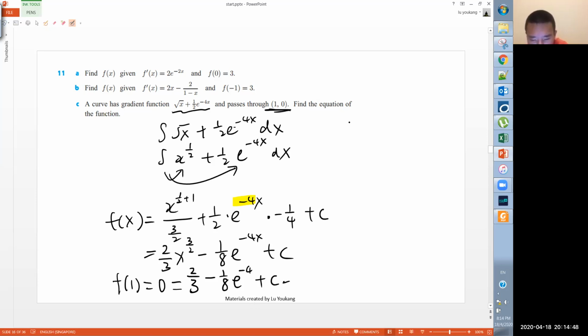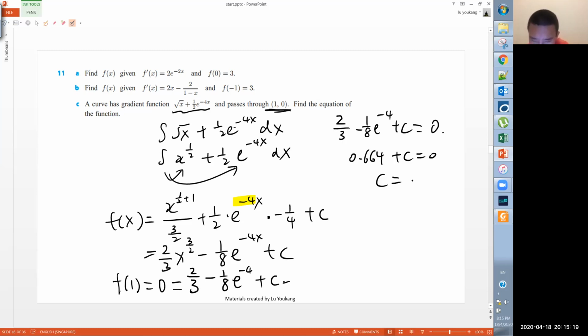Okay, so I will do it here. Let me use my calculator. We have 2/3 minus 1/8 times e to the power of -4. You are supposed to get 0.664 plus C equals 0.